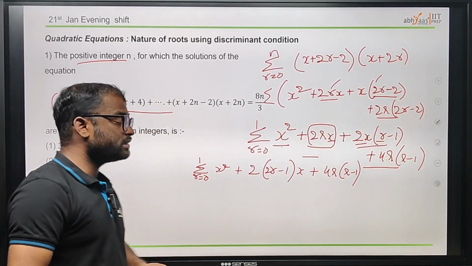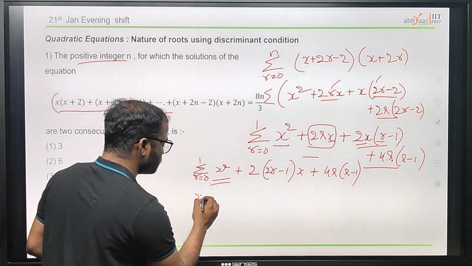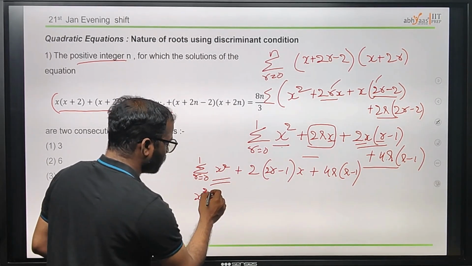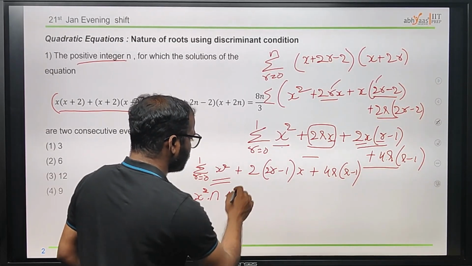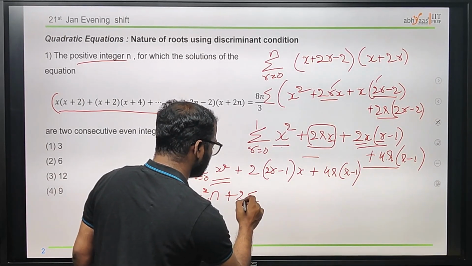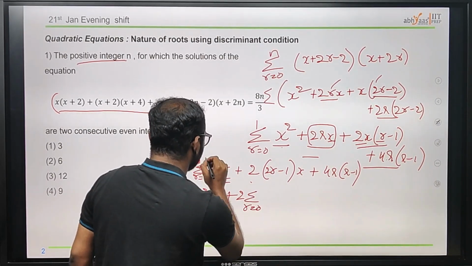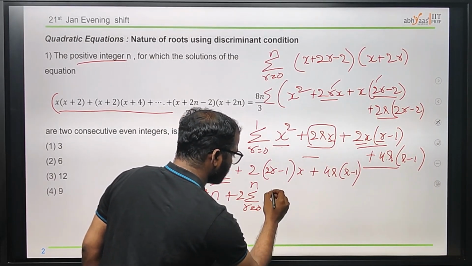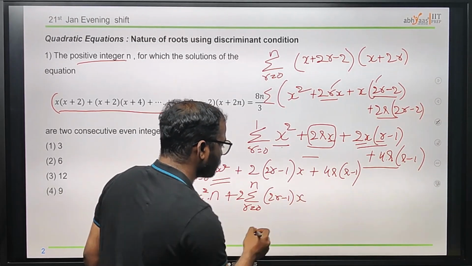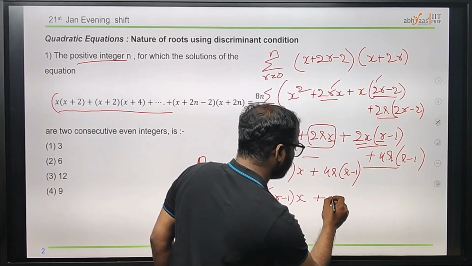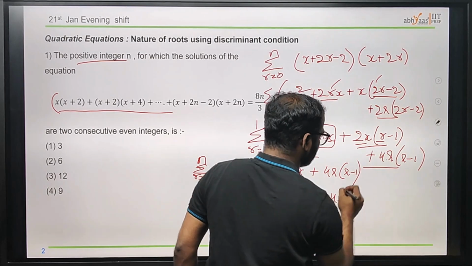Now if we take the summation of it, here we will get n times, therefore x square into n. Plus for this summation, we write the summation r equal to 0 to n. Similarly here we have 2r minus 1 into x, and plus we have 4r, and we have to write the summation here, sorry for that.